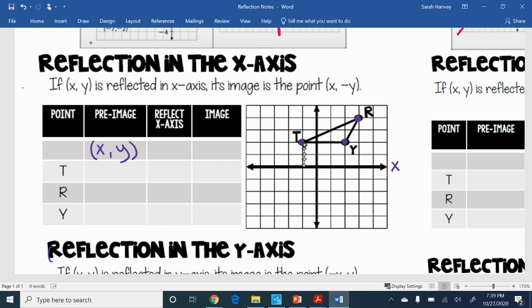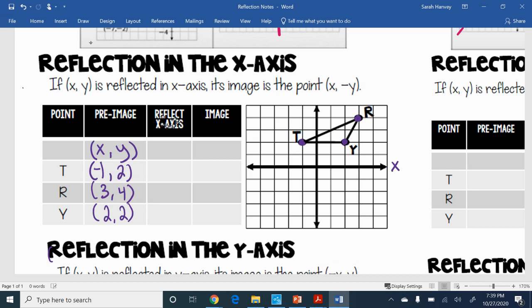So we're going to go left 1, up 2 for our T. So it's going to be -1, 2. The R is going to be from the origin right 3, 1, 2, 3, up 4, 1, 2, 3, 4. So that was 3, 4. And the Y is right 2, up 2, so 2, 2.